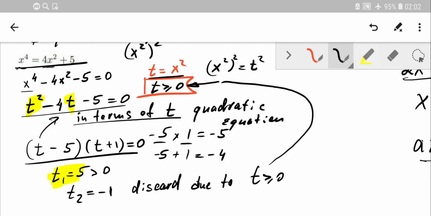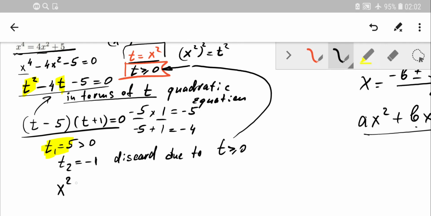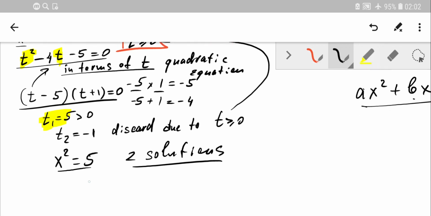But don't forget, your final solution needs to be given in terms of x. So just remember that t is x squared, from where you can simply say that x squared is 5, and 2 solutions here, because that is a quadratic equation in the simplest form.